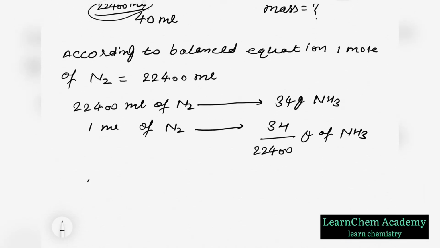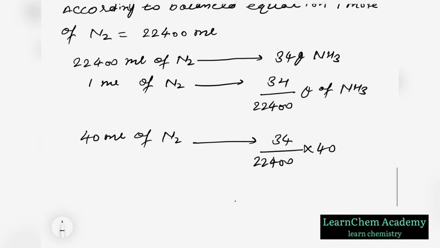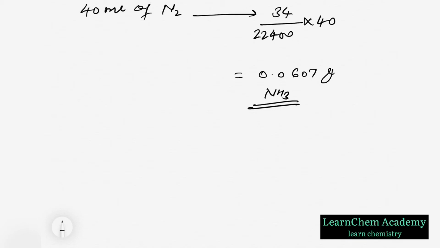And 40 ml of nitrogen will produce 34 divided by 22400 into 40, so we get 0.0607 gram of ammonia produced by 40 ml of nitrogen. Okay, so this is the simple way to calculate limiting reagent.